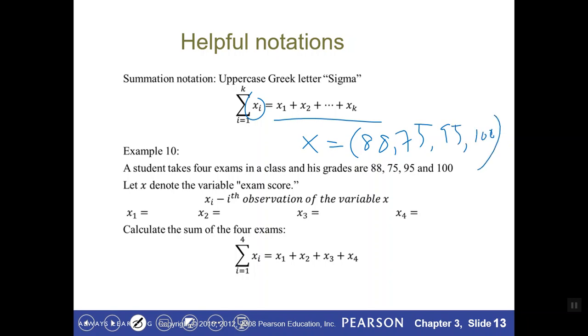These are values belonging to X. So what is X1? It is 88. X2 is 75, X3 is 95 and X4 is 100. So as we can see here, the summation of xi, i from 1 to 4, because we have only 4 observations.